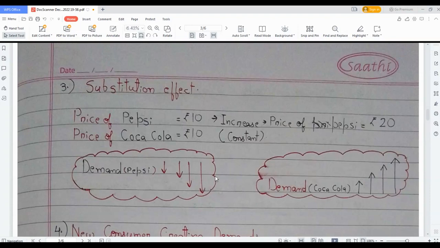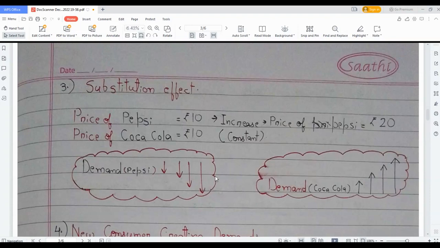Let's see an example. The price of a Pepsi is 10 rupees and Coca-Cola is also 10. Now there is a rise in the price of Pepsi from 10 rupees to 20 rupees. The price of Coca-Cola remains constant, that is 10 rupees.